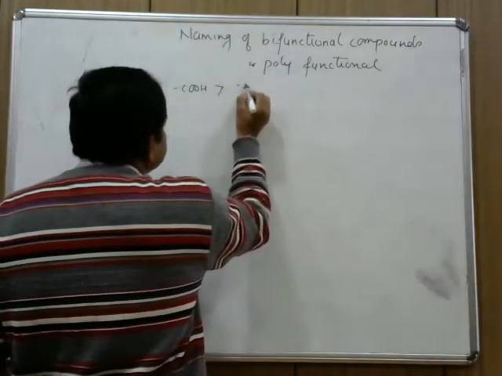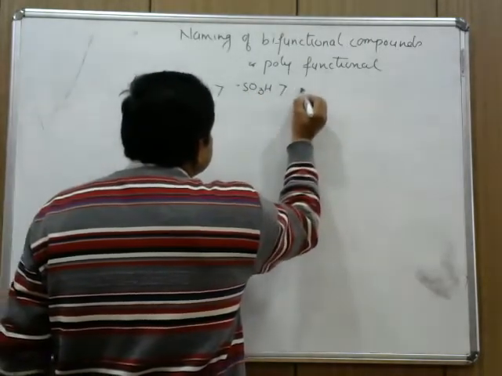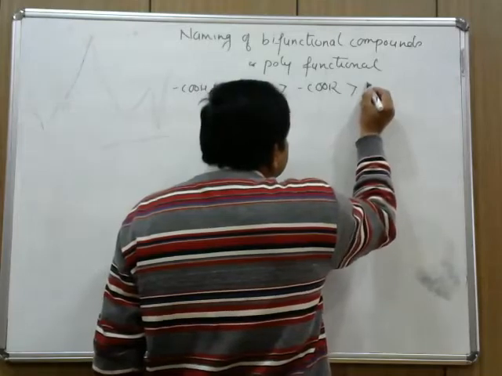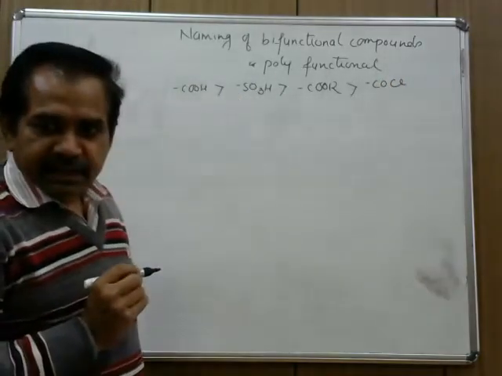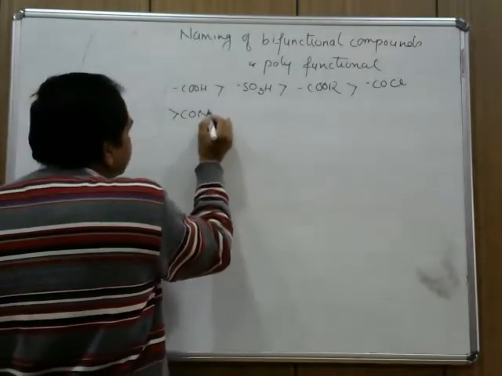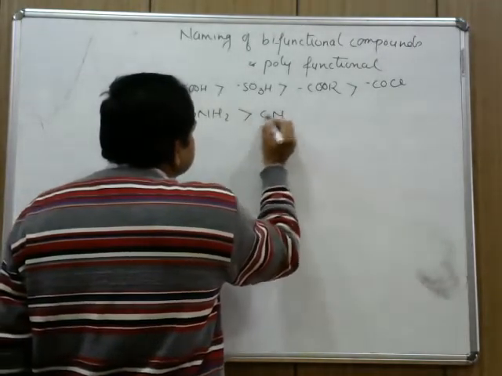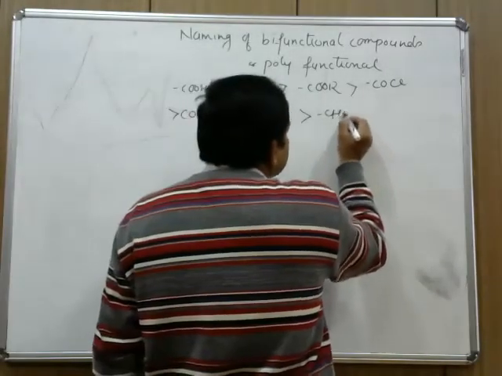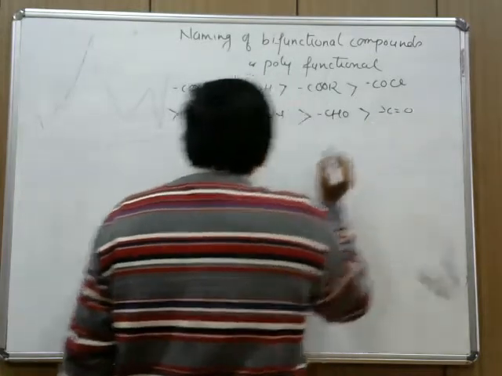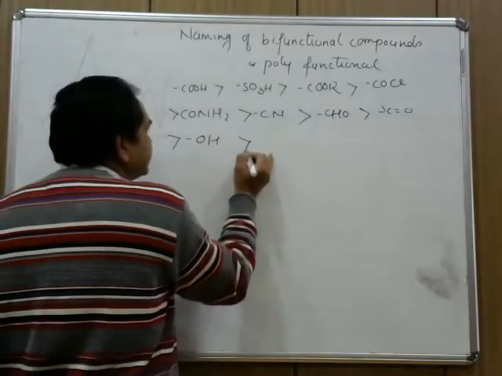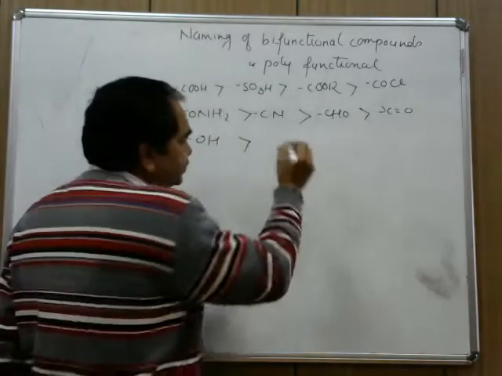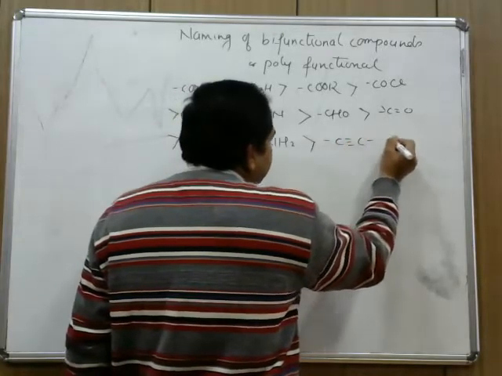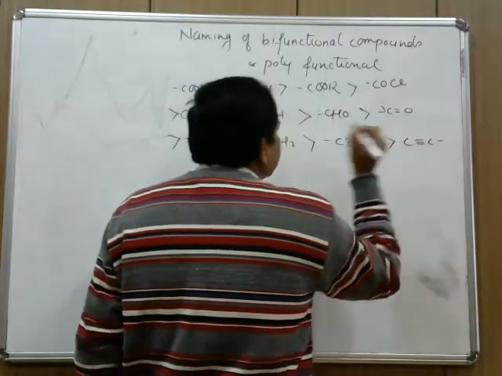COOH is more than SO3H is more than COOR is more than COCl is more than amide is more than CN is more than CHO is more than C=O is more than OH is more than NH2 is more than double bond is more than triple bond.